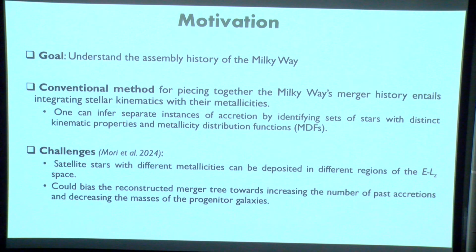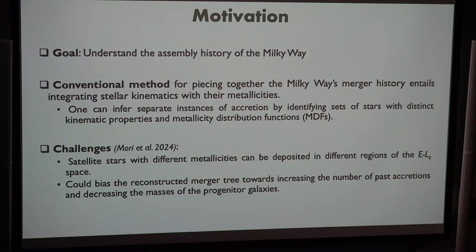In their study, they found that satellite stars with different metallicities can in fact show up in different regions of the energy angular momentum space. So that means a single accretion event can manifest as different metallicity distributions in different regions of energy angular momentum space. So there might be a bias in the conventional approach for piecing together the Milky Way's merger history.